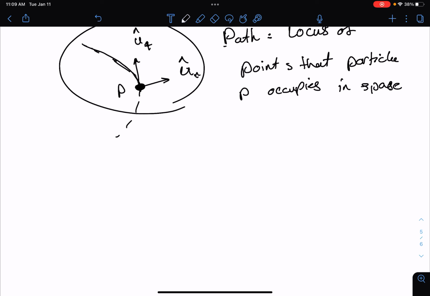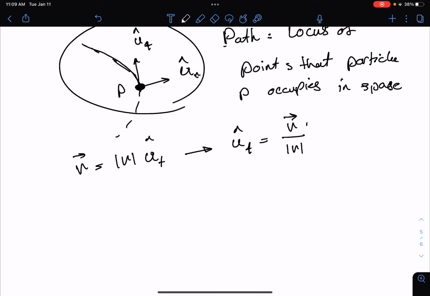So our velocity vector will be only the magnitude of velocity in the tangential direction. So we can define this tangential unit vector, u_t, as the velocity vector divided by the magnitude of velocity.